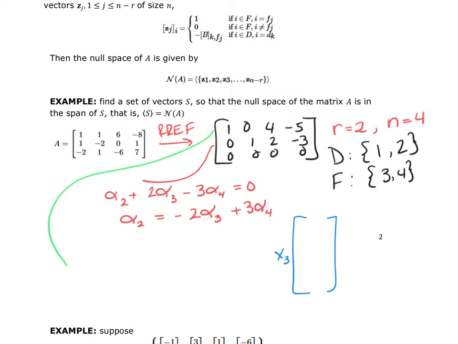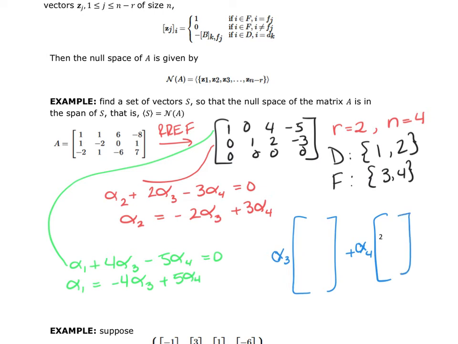My first row here gives me alpha sub 1 plus 4 alpha sub 3 minus 5 alpha sub 4 is equal to 0. Alpha sub 1 is equal to negative 4 alpha sub 3 plus 5 alpha sub 4. So then I have the plus, this is alpha sub 3, and this is alpha sub 4.